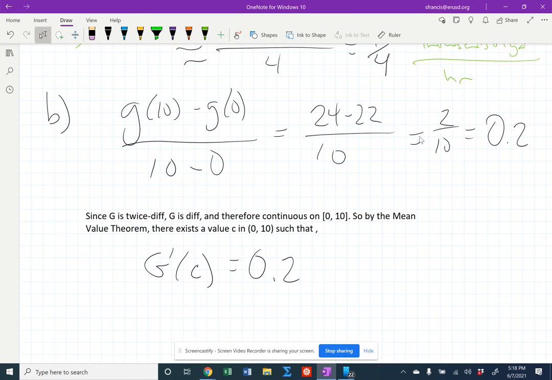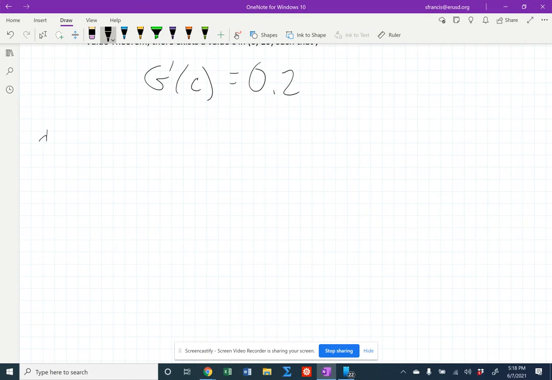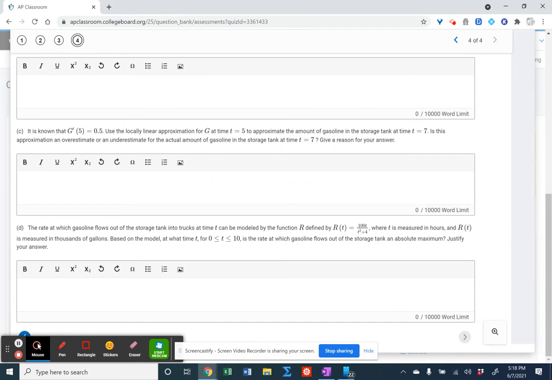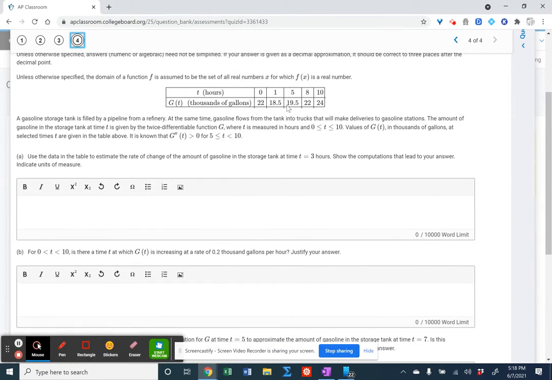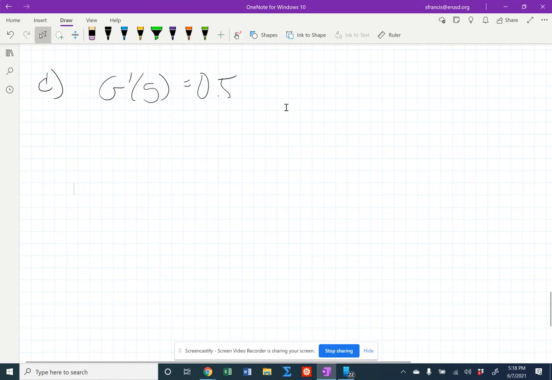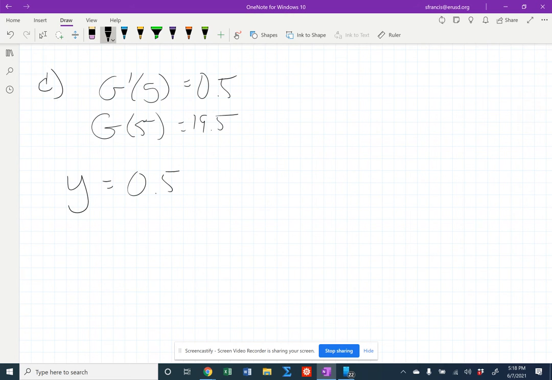So let's see. They told us g prime of 5 is 0.5. And I got to go back to the table really quickly because I don't remember. At 5, we had 19.5. So g of 5 is 19.5. So the equation of the tangent line is going to be y is equal to 0.5 times (x minus 5) plus 19.5.